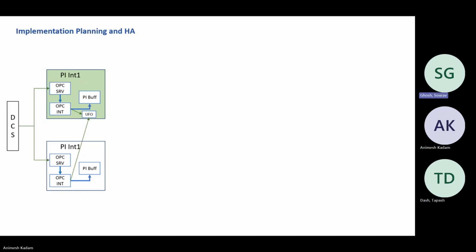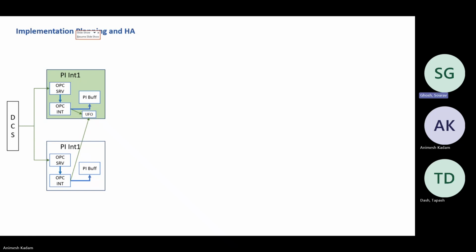So Animesh, you said these two are acting as redundant, one to each other. So one is primary, one is secondary, and that UFO file decides which one is active right now and which one is on standby. In case of a failover, the standby one becomes active, and the one which was active becomes standby, right? Right.